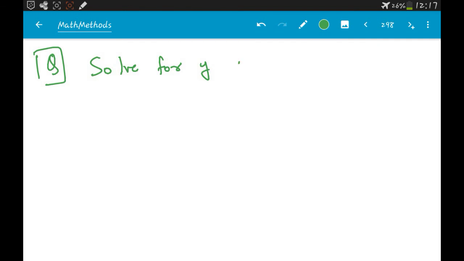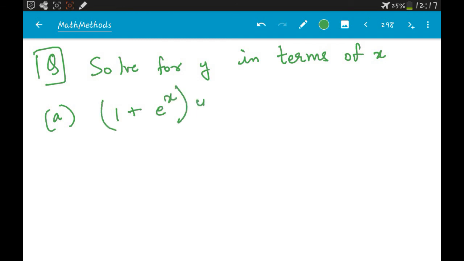Solve for y in terms of x. A: 1 plus e power x, y dash plus 2 e power x y is equal to 1 plus e power x into e power x.